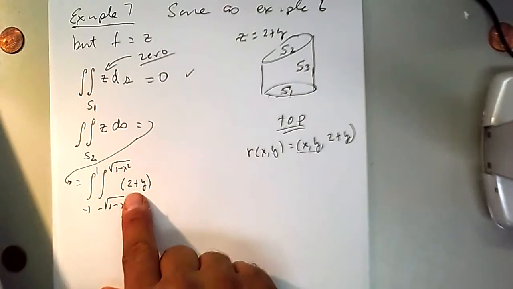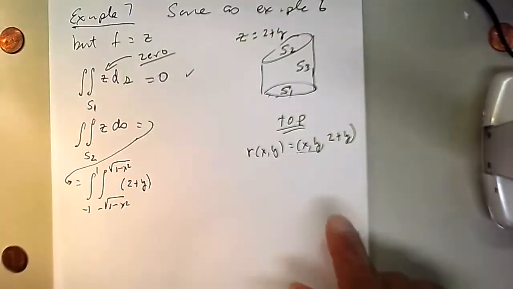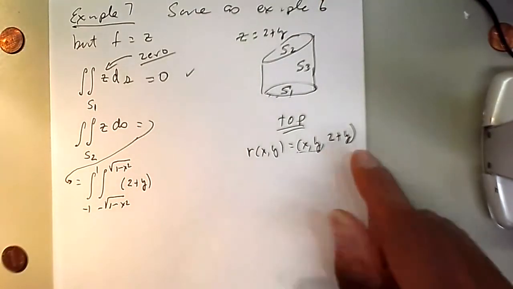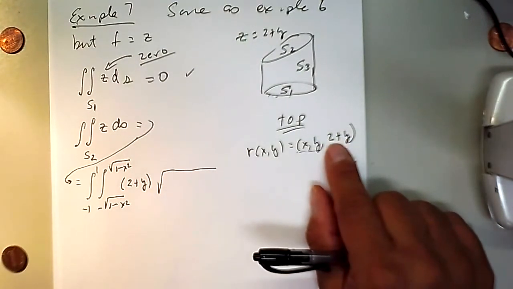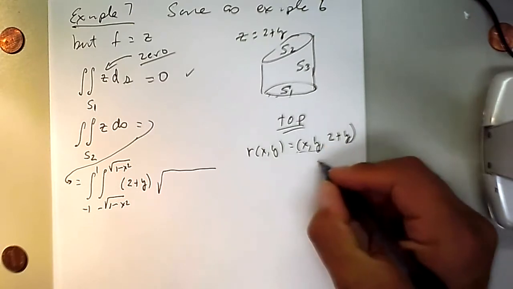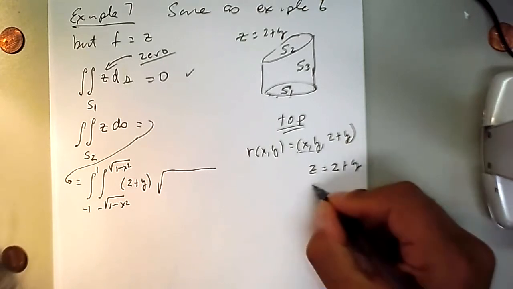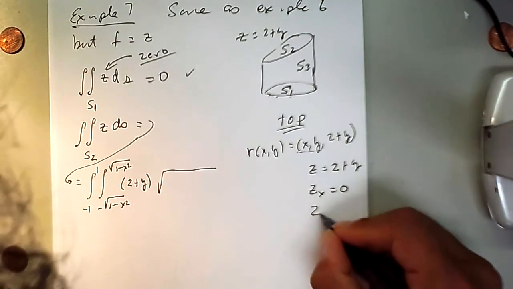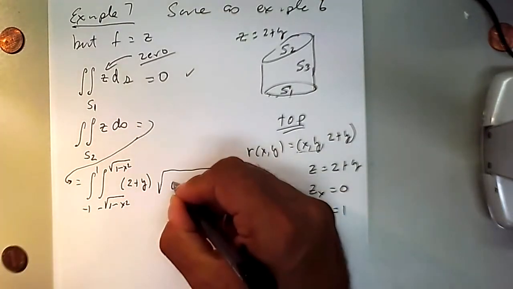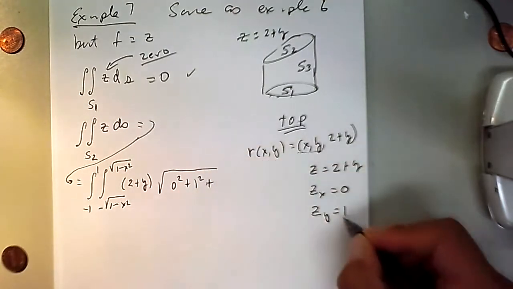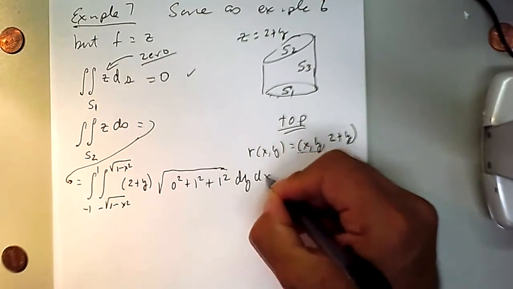So far we just wrote down this portion, but then we have to figure this out. So this is z with respect to x. Let's write that down here. So, okay, z equals 2 plus y. Z sub x is 0. Z sub y is 1. Okay, so that's easy. Z sub x, 0 squared, 1 squared. And then there's another 1 showing up, 1 squared. dy dx.